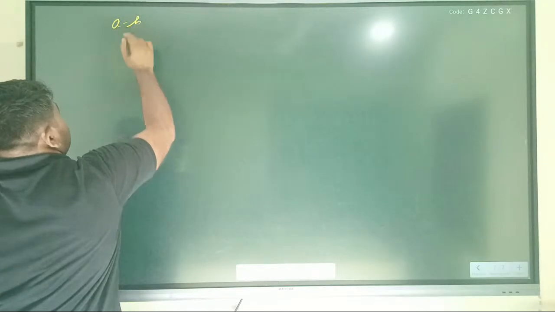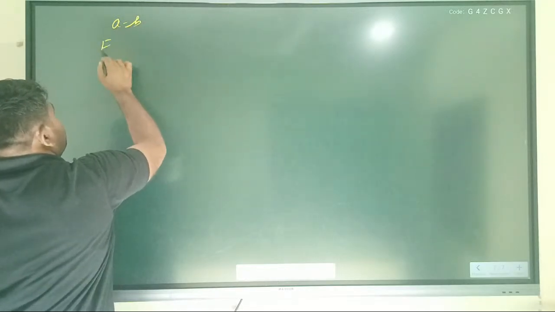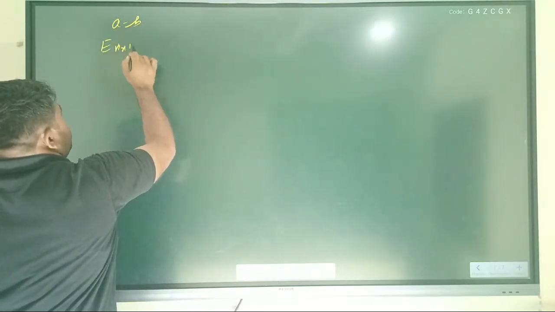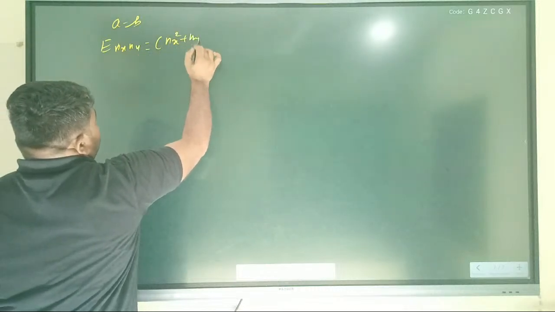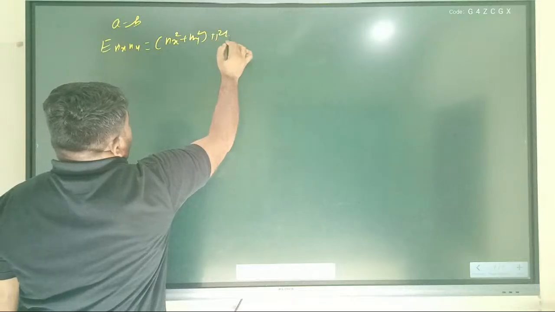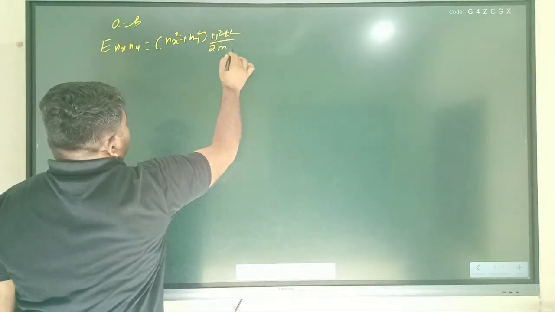Suppose let us assume the system is a symmetric one. Then a is equal to b. If a is equal to b, then what is the energy formula? E nx, ny is equal to simply (nx square plus ny square) into pi square h cross square upon 2 m a square. Because a is equal to b, both we can take common.